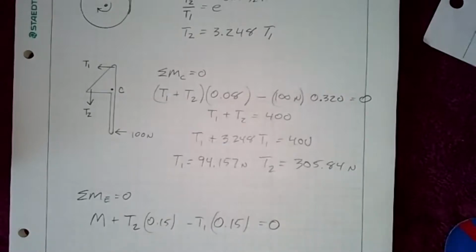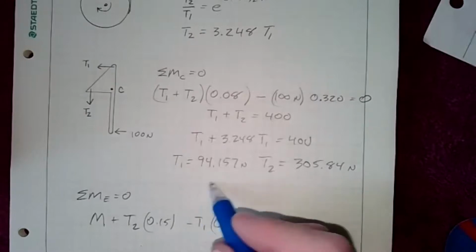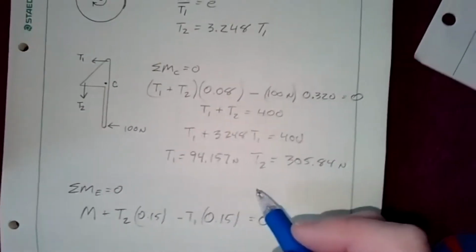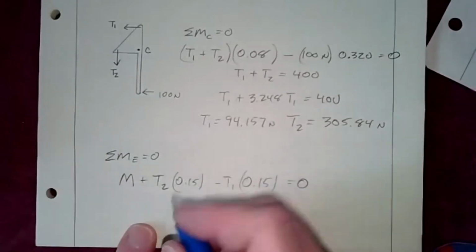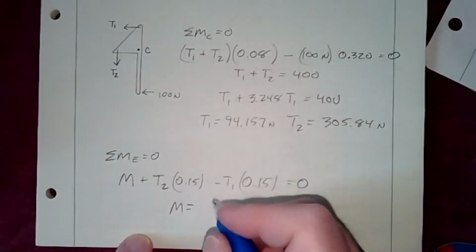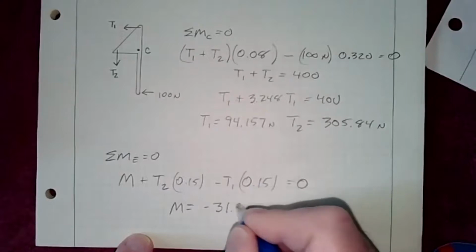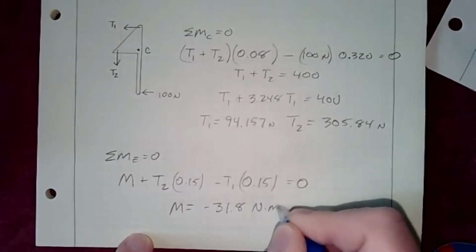And so if we go ahead and substitute that in, this number is going to be much bigger. So that makes sense. The moment's going to end up being negative in order for this to all equal 0. So once I substitute in my values here and here, I end up with moment equal to negative 31.8 Newton meters.